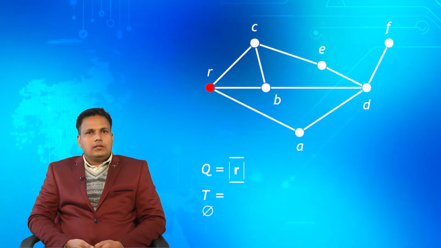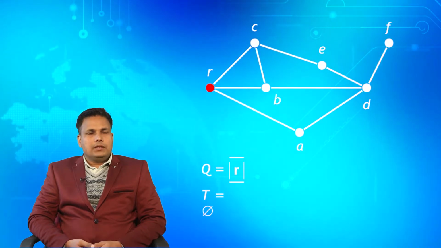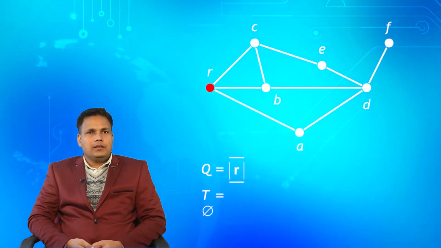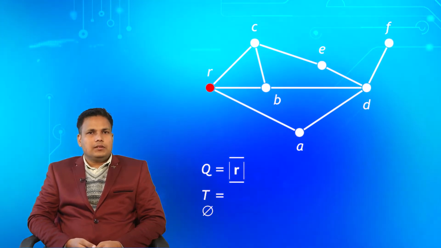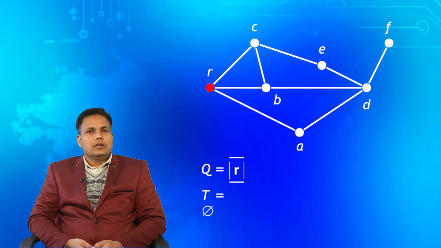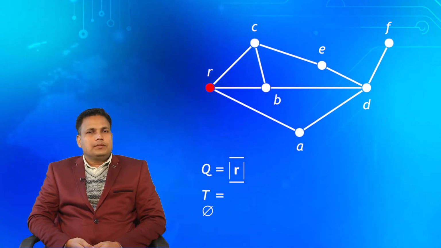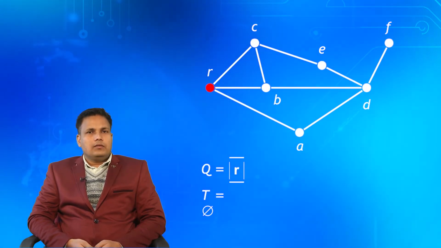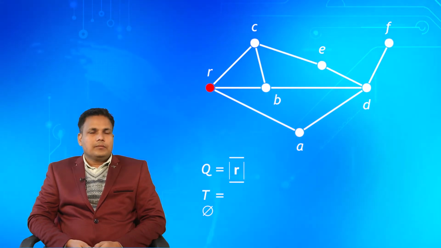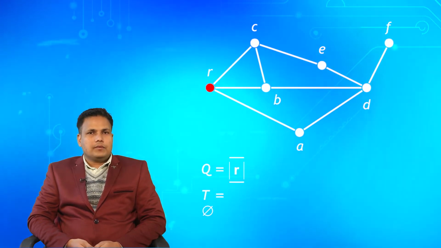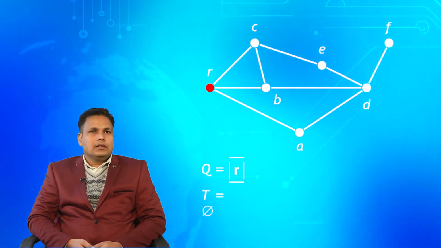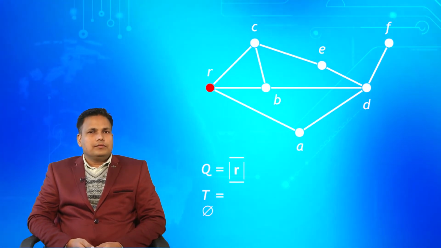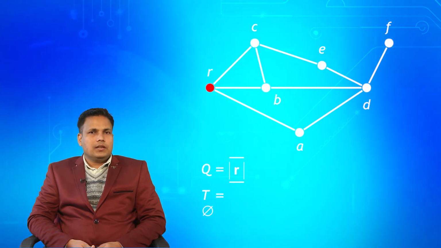You can see that there are 7 vertices in this graph, and any spanning tree must contain exactly 6 edges. You must recall that if T is a tree on n vertices, then T has n minus 1 edges. So this graph has 7 vertices, and hence any spanning tree of this graph must have 6 edges.